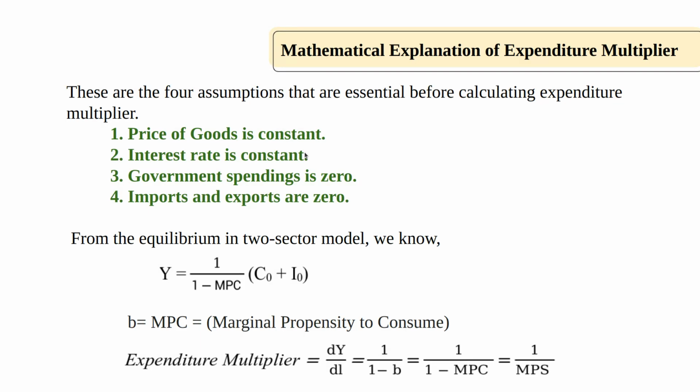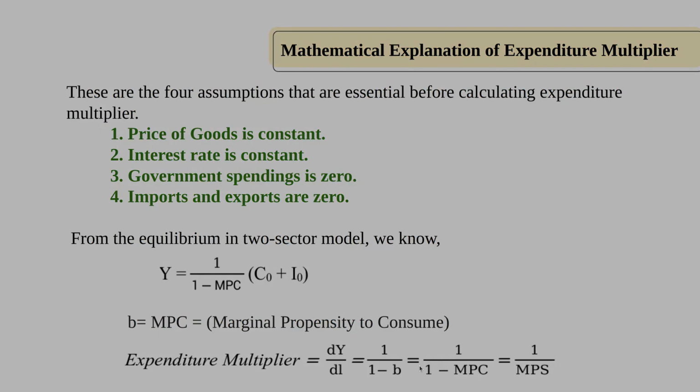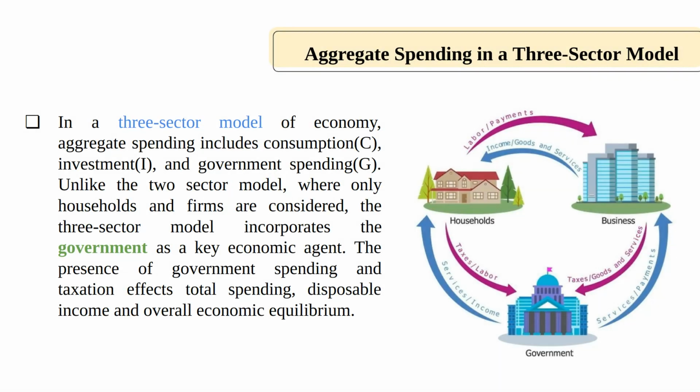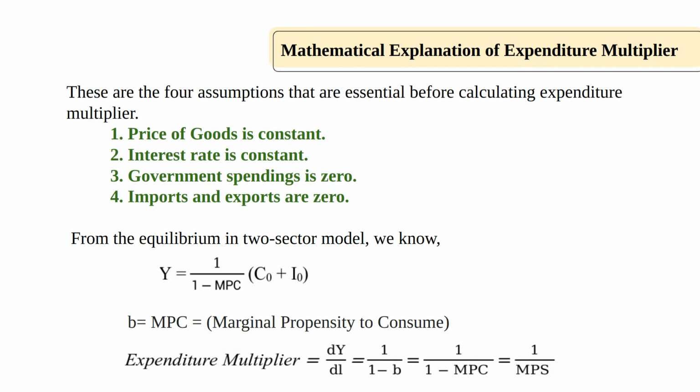The bigger the MPC, the larger the multiplier effect.